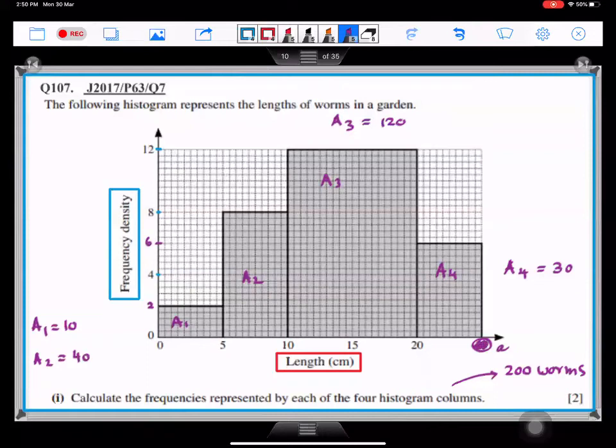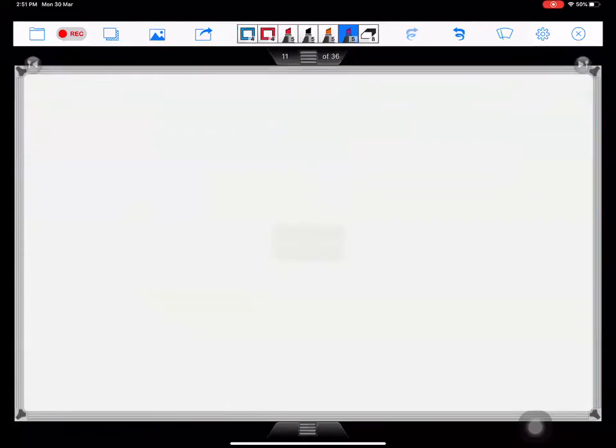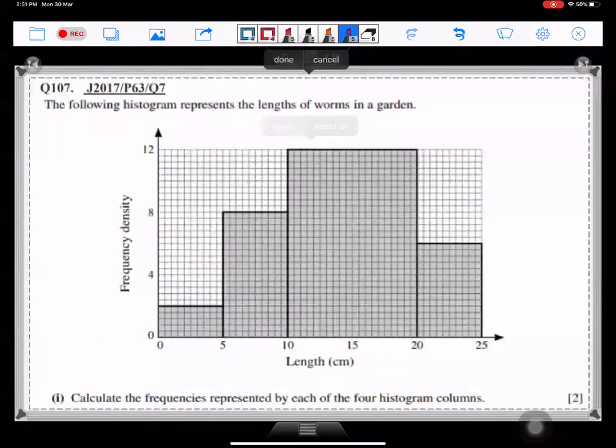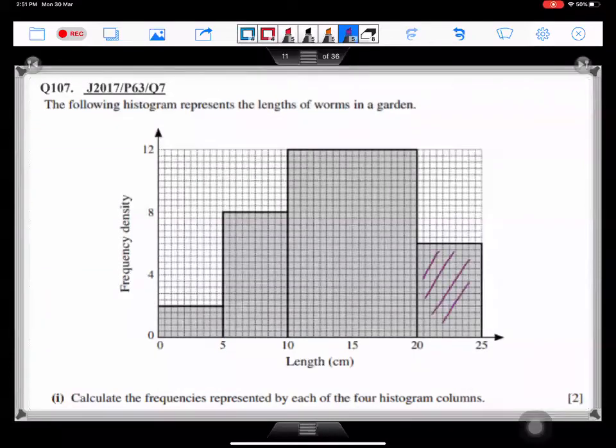I cannot read from the axes. The question would be something like this: there were 30 worms in this one. The frequency density was 6. This thing is A. Find A.